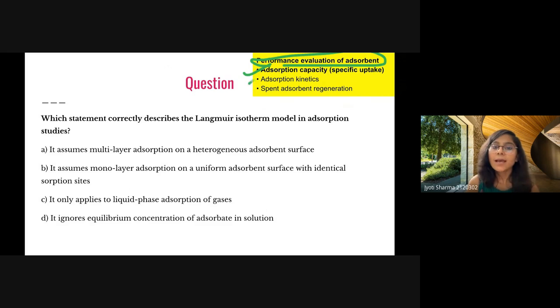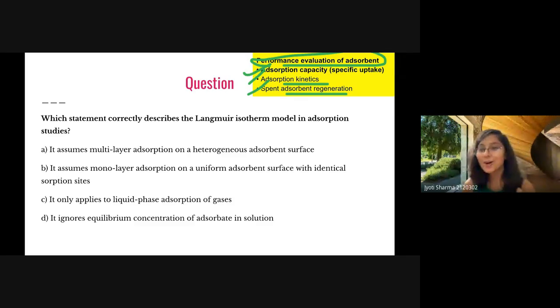Then the next is adsorption kinetics, we will talk about this. And then spent adsorbent regeneration, so how much adsorbent is getting regenerated, right? Based on that we will assess the performance of adsorbent.